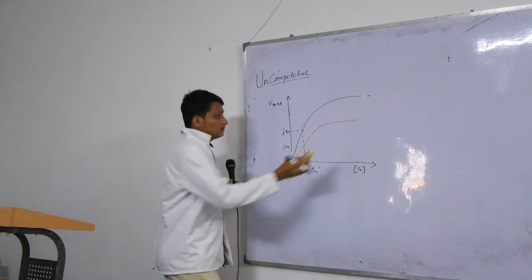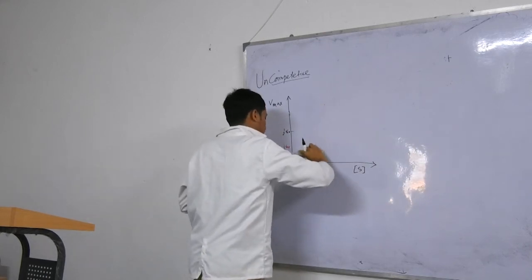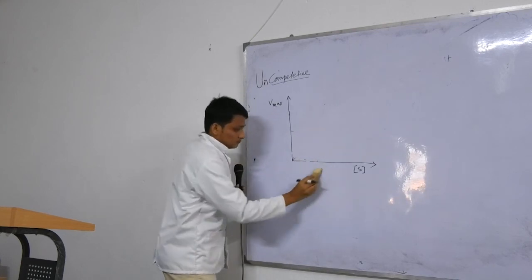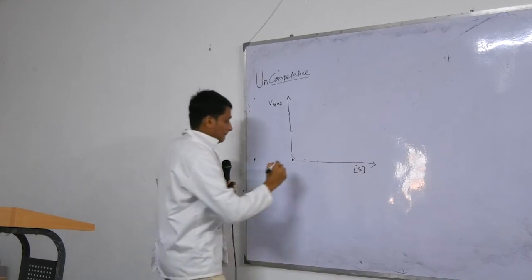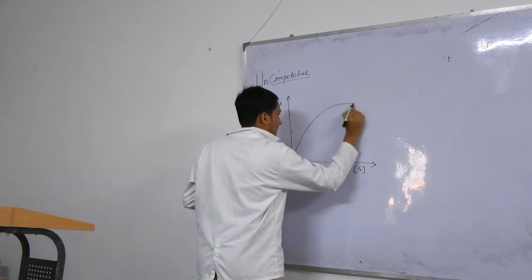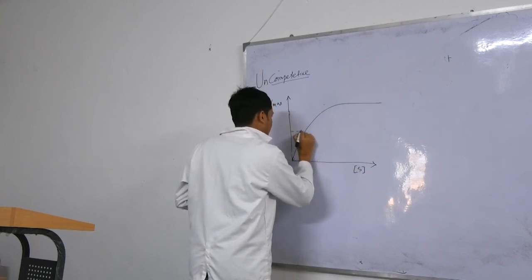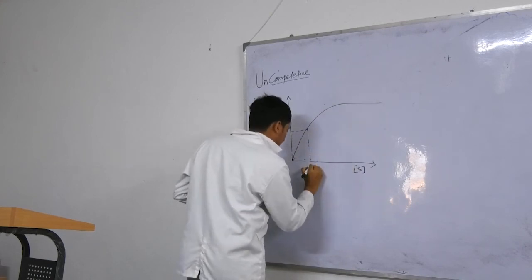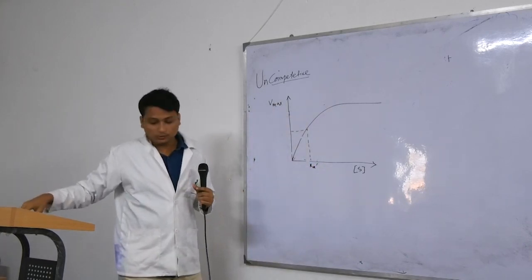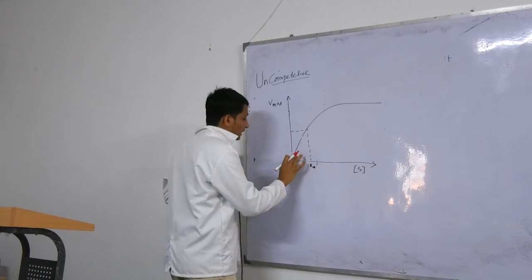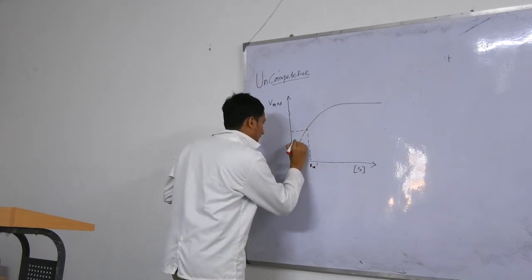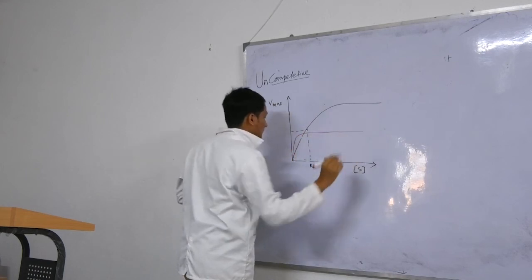The graph would look like this is the normal graph, and when we introduce the uncompetitive inhibitor, the graph would be like this type.